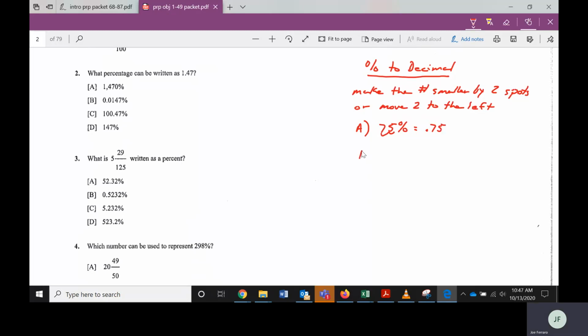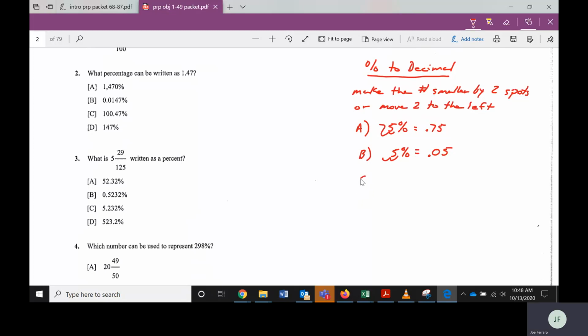If let's say we have a smaller percent and we have something like 5%. Follow the same rules. 1, 2. Decimal would be right here. If there's an open spot, you put a 0 in there. So this would be 0.05.